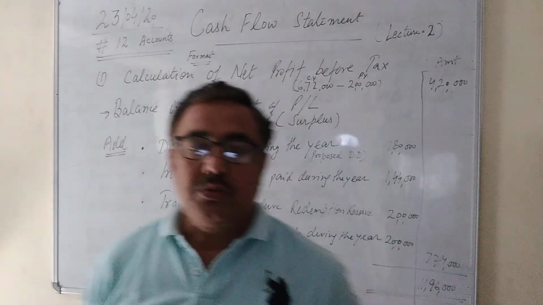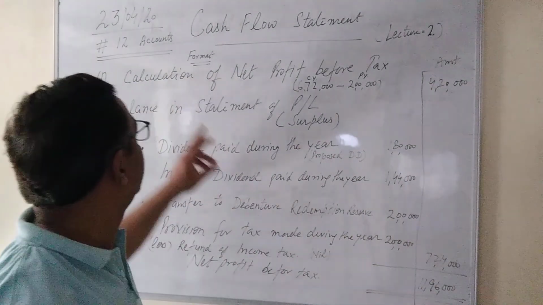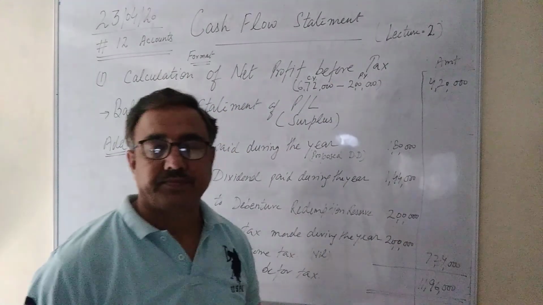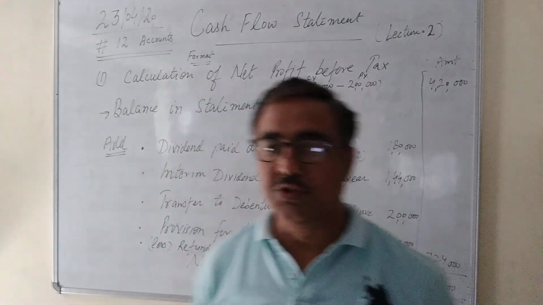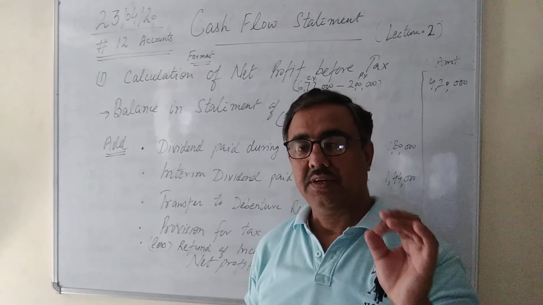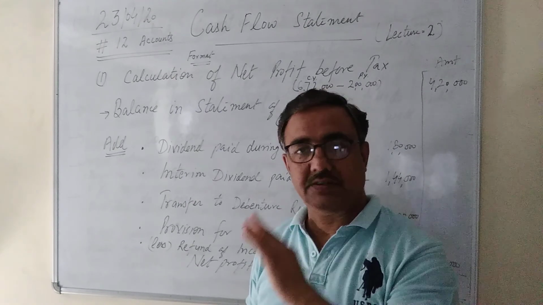As I told you, the very first working note is to calculate net profit before tax. In the cash flow statement, the very first activity is cash generated from operating activity.